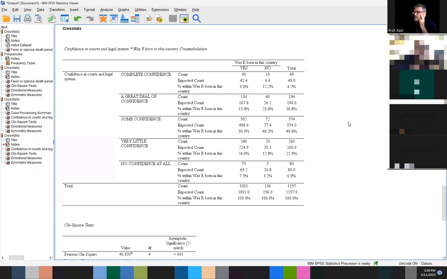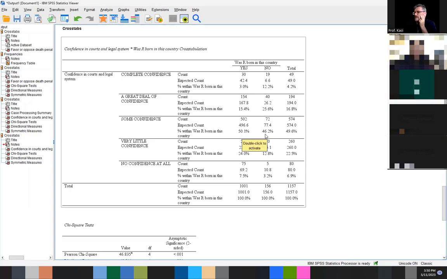Okay. What about here? Here we have, in some confidence, about 4.1%. And very little confidence, there is probably the highest percentage, right? Almost, no, it's more than 11%, 11.2%. And then we do have about 4% epsilon here.